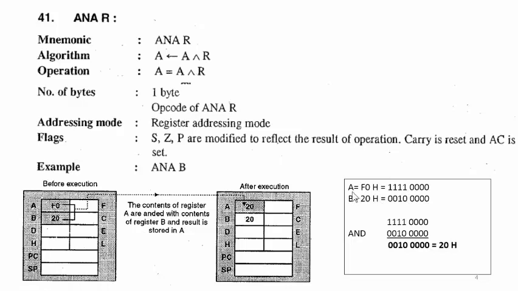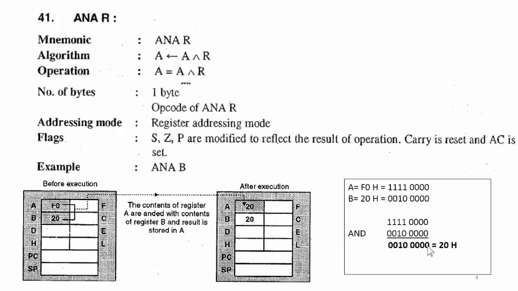How we are getting this 20 is given on the right hand side. The accumulator with F0 in hexadecimal, its binary format is written here: 1111 0000 means F0, and B register with 20 means 0010 0000.